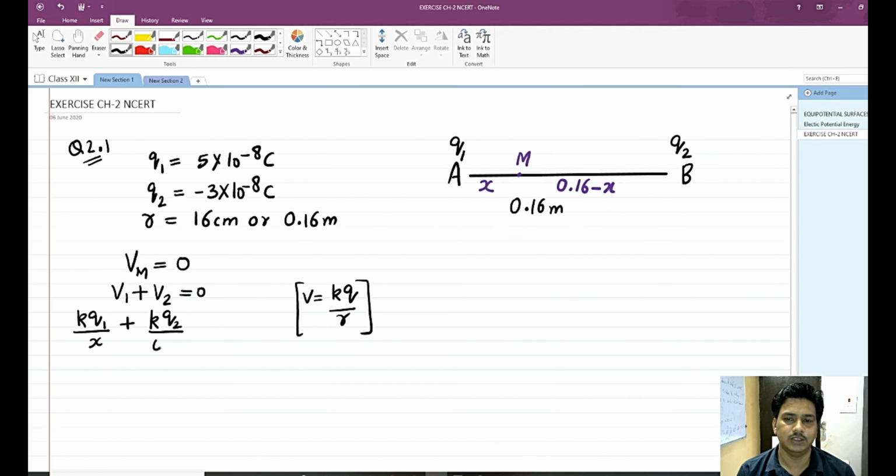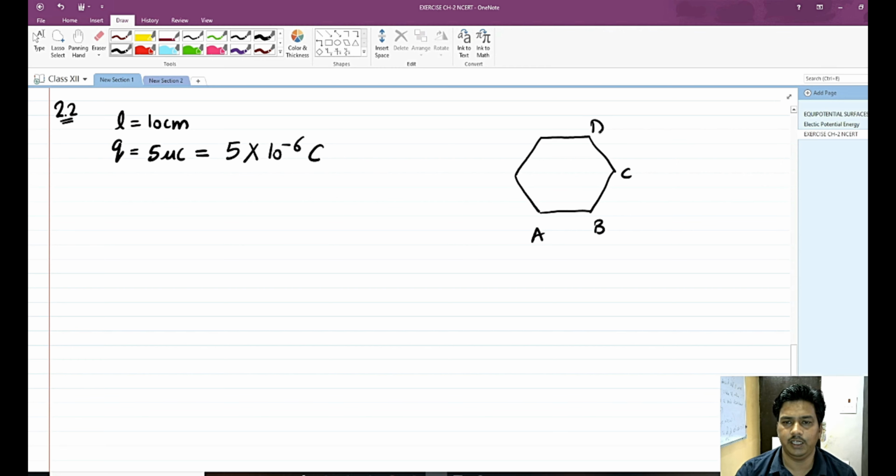So first we draw a regular hexagon like this. Now I name the vertices A, B, C, D, E and at last F. O is the center of the regular hexagon where we have to calculate the electric potential.